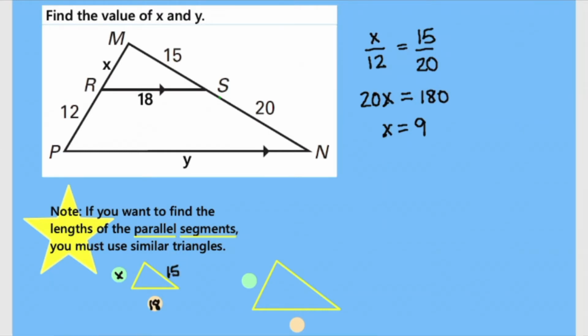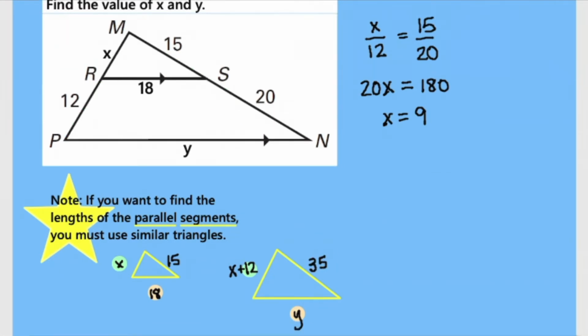And then the big one has, I guess, MP here would be x plus 12. And y is that bottom side. And this other side would be 35. So in order to solve for y, the length of that parallel, I'm going to have to use these numbers.